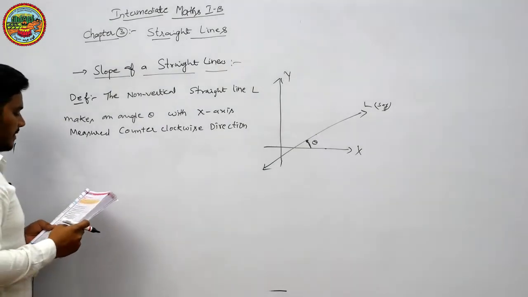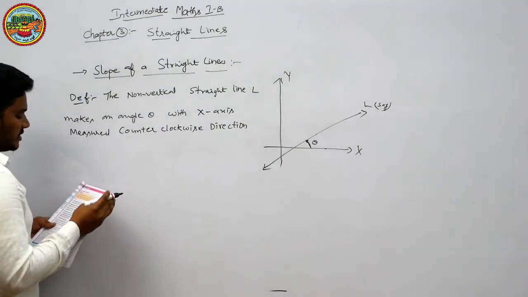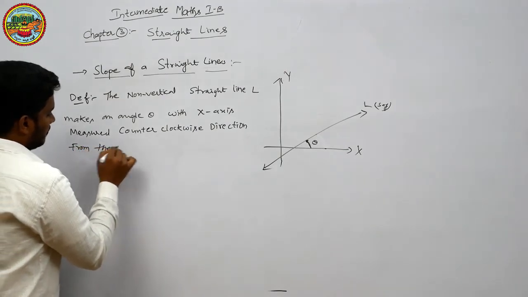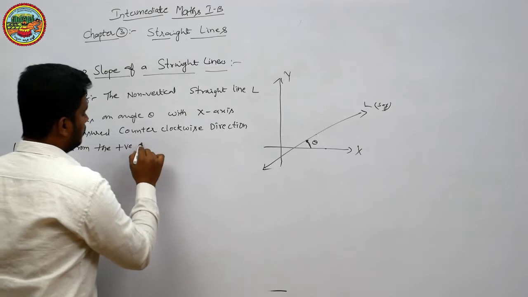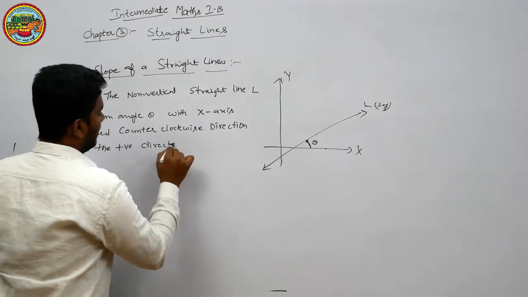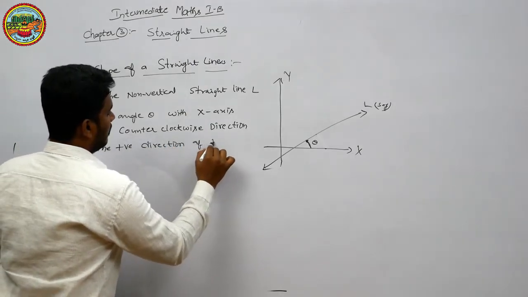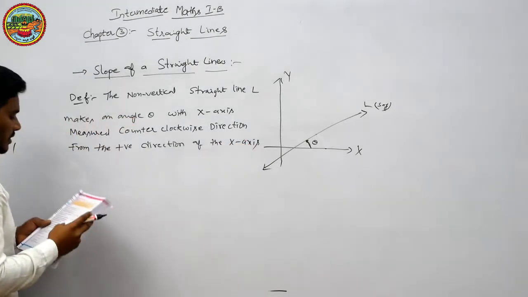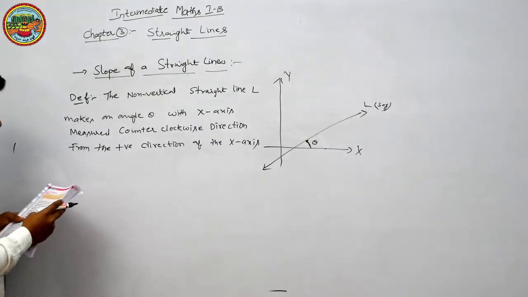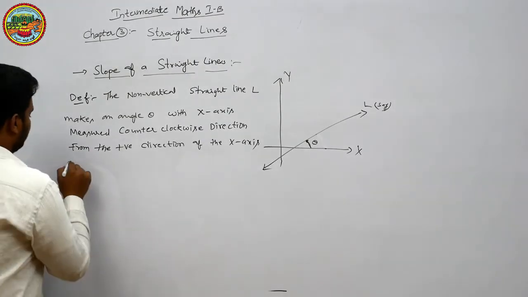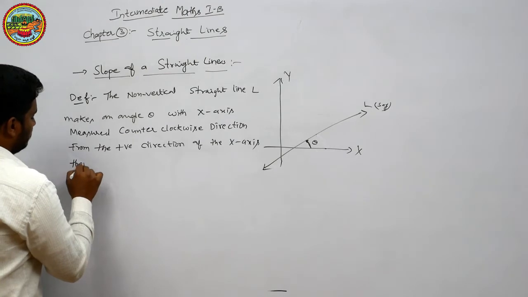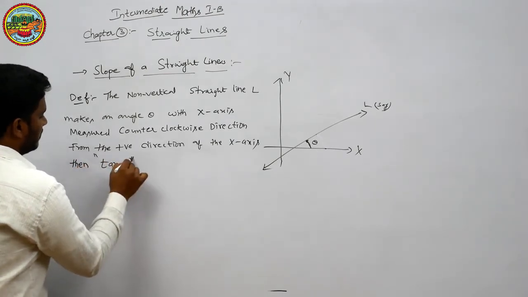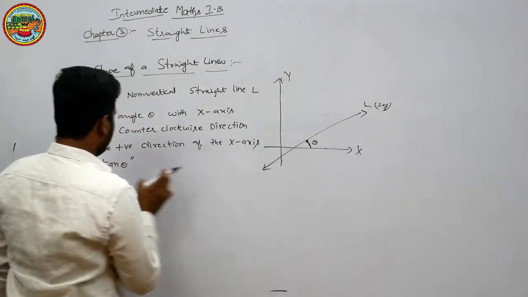From the positive direction of the x-axis, then tan theta is called, so the angle theta is taken as tan theta.